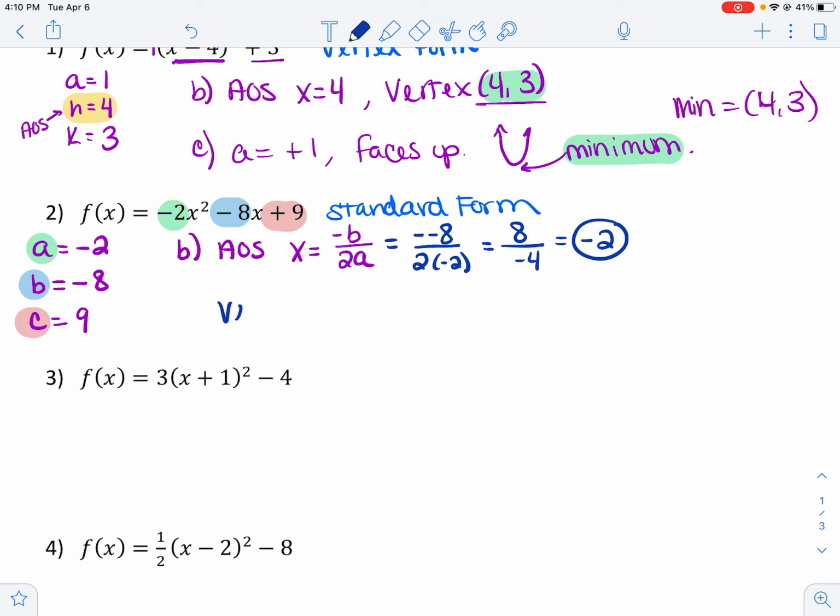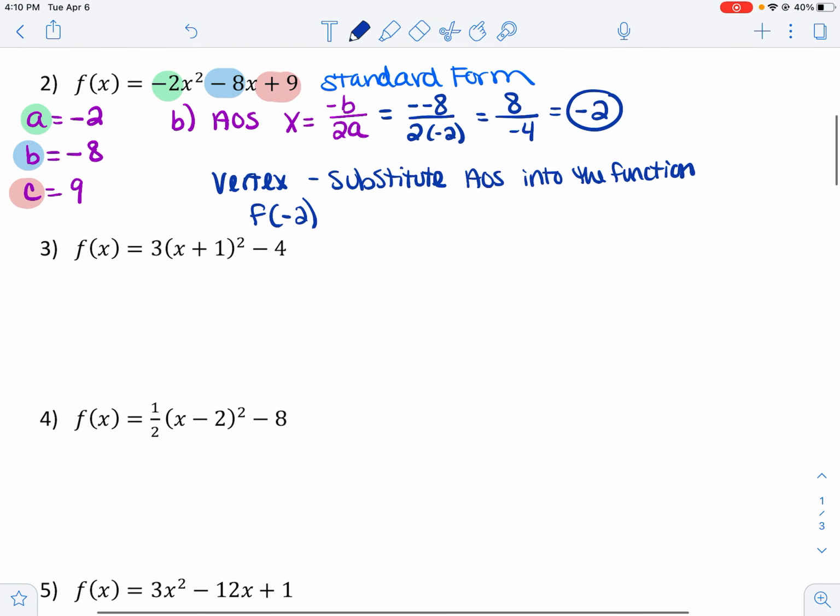To find the vertex, we need to substitute the axis of symmetry into the function. So negative 2 becomes my input, so essentially I need to find f of negative 2.